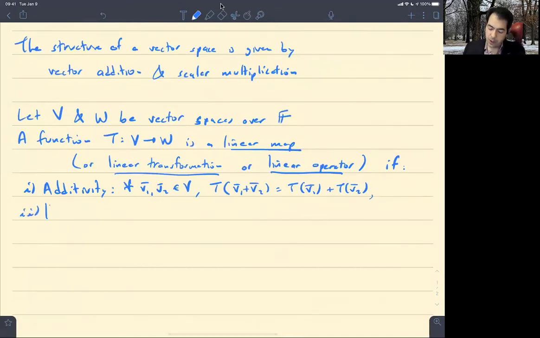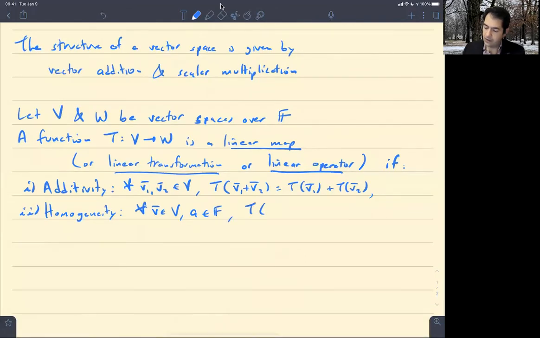And the second property we call homogeneity. And this says that you preserve scalar multiplication. So this says for every vector v in V and scalar A in the field, T of A times V is equal to A times T of V. Okay.